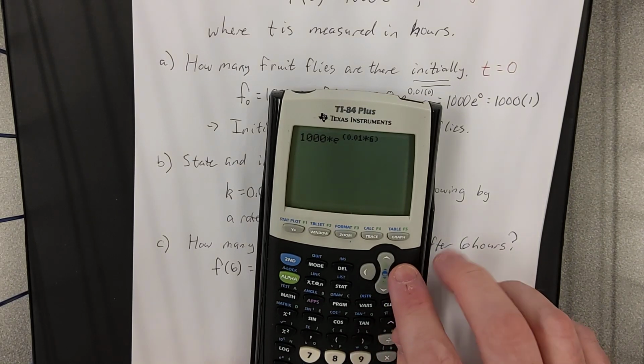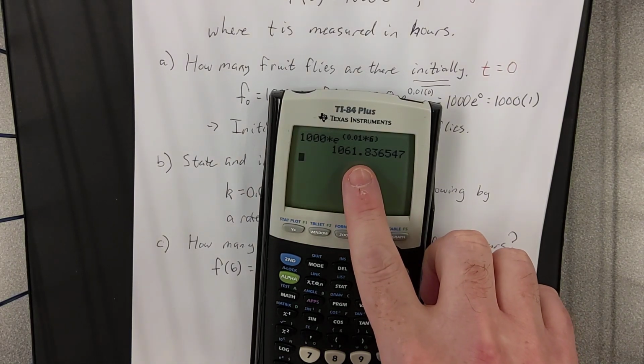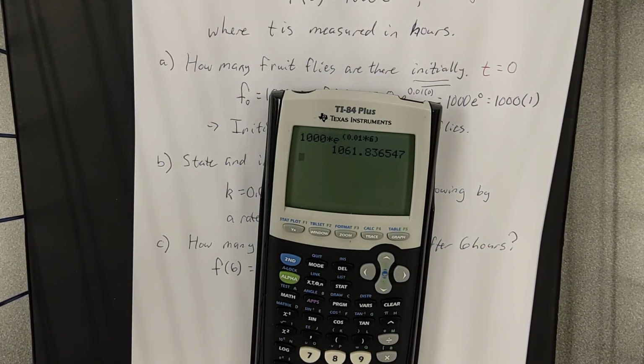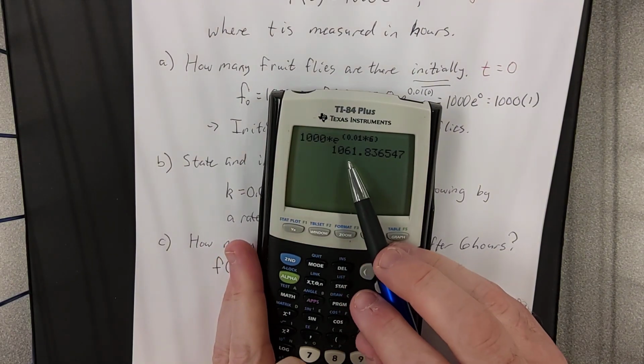My intuition tells me that this should probably be about 1060, but what we actually find is that the answer is slightly bigger than 1060. Because these are living beings, we would round to the nearest 1, so I would round this up to 1062.